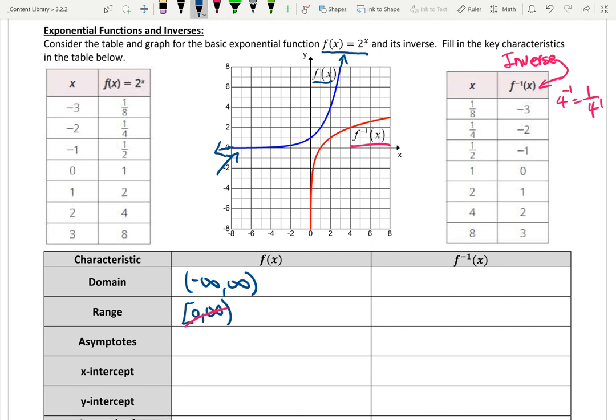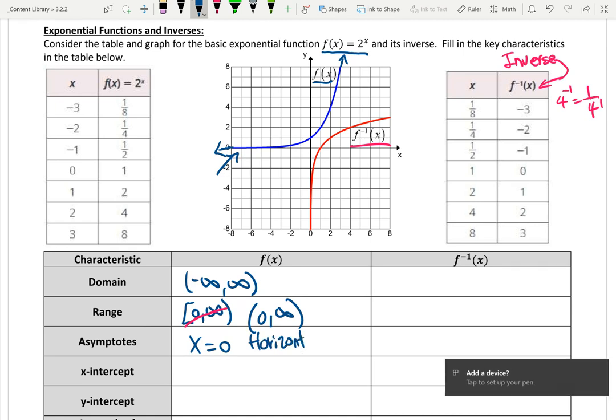I would want to make sure I don't include 0 in 0 to infinity, because it does not touch it. It's an asymptote. The next question. The asymptote is y equals 0 because it's horizontal at the x-axis. My x-intercept? Well, didn't I just say it doesn't touch the x-axis? So no, there is none.